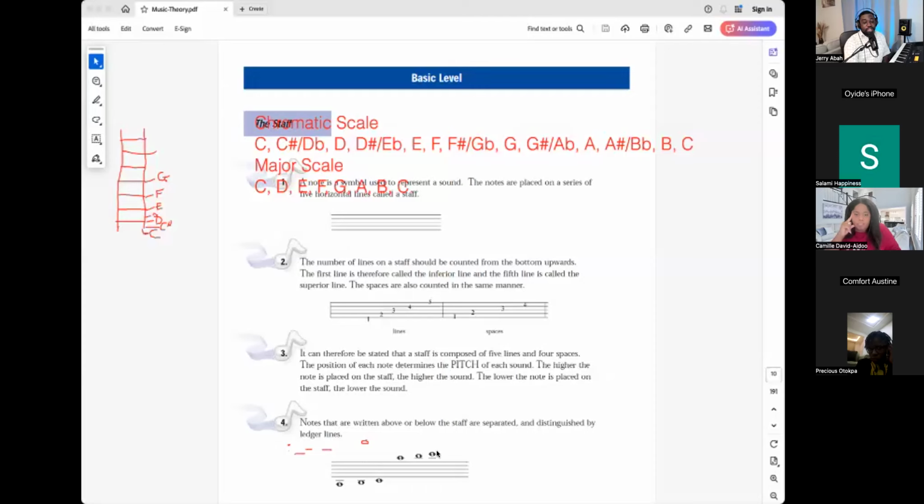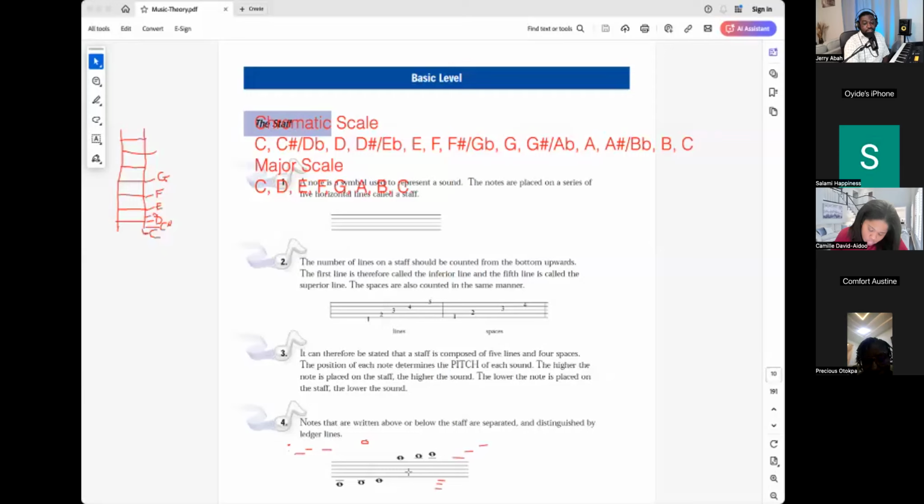Okay? So the ledger lines are extra lines that we place above or below the staff, like this. Extra lines. So all of these extra lines, we refer to them as ledger lines.